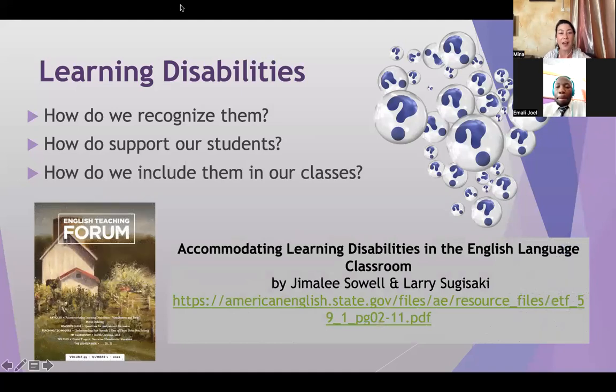And I will say, this is not an area of strength for me, and definitely not one of expertise. And so most of what I'll be talking about comes from this article from Forum Magazine, which I think a lot of you know about. You can find it on the American English channel. Some of you have physical copies of Forum. It comes out 3 or 4 times a year. There's always helpful articles.